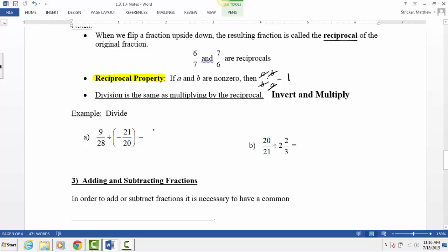Example A, what we can do is we can say, okay, 9 over 28 divided by negative 21 over 20 is the same as taking 9 over 28 and multiplying. So I'm changing this division sign to a multiply sign, and then I'm going to multiply by the reciprocal of this fraction. So it's still going to be negative, but instead of 21 over 20, it's going to be 20 over 21.